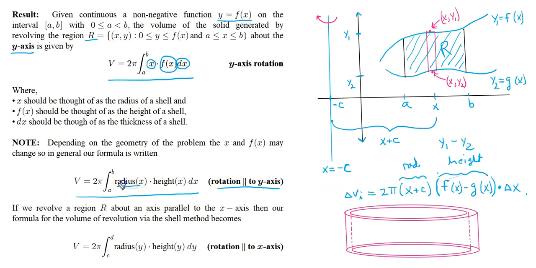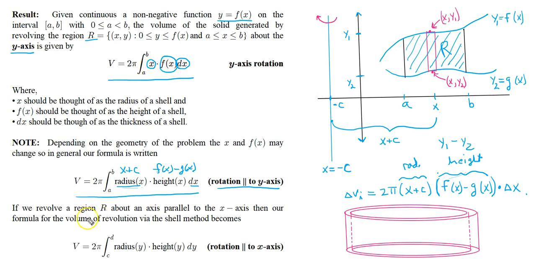So in this case, the radius of x, that's the x plus c right over here, and the height is the f of x minus g of x. And then you still have your dx.